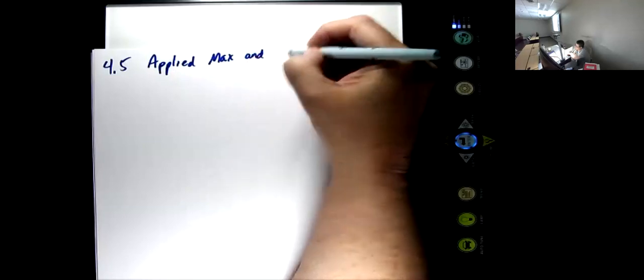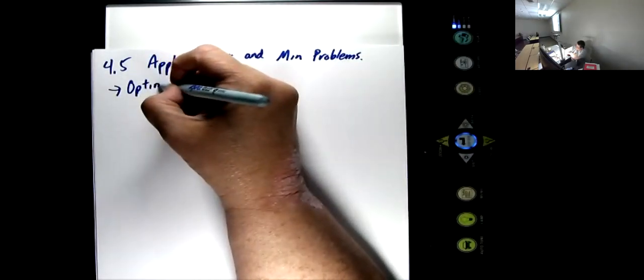Okay. So 4.5 is on applied max and min problems. Collectively, these are called optimization problems.